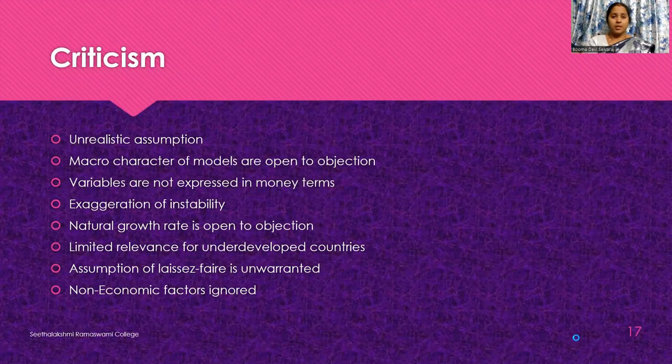The next criticism is that the natural growth rate is open to objection. The ceiling limit to growth is determined not only by the available labor and natural resources, but also by the production techniques employed.